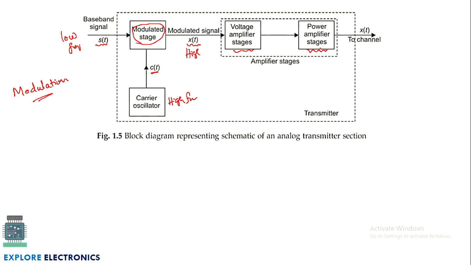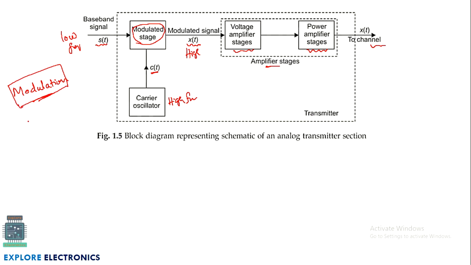P is equal to V into I. If we increase voltage as well as current of the signal, then it will be called a power amplifier. Some amplifiers may be a current amplifier or voltage amplifier. So a power amplifier is going to amplify total voltage as well as current. Then we are going to give it to the channel. So basically what we have understood here, the main function of the transmitter is modulation, and then it will have amplifier stages. This will be called a transmitter.